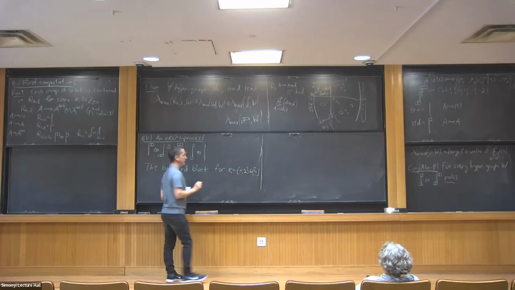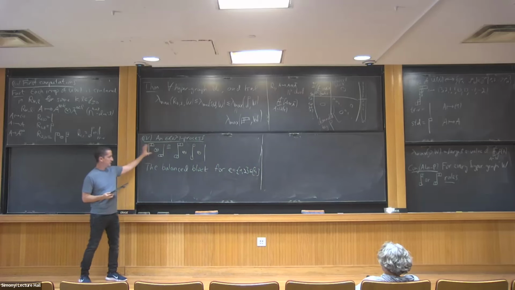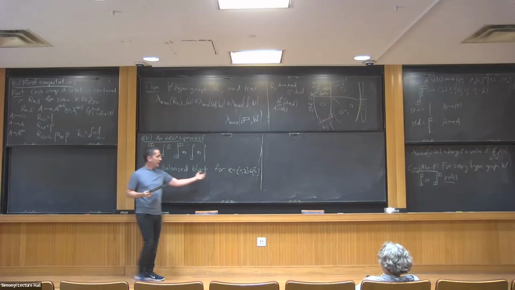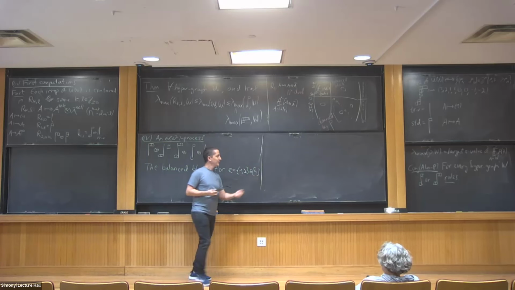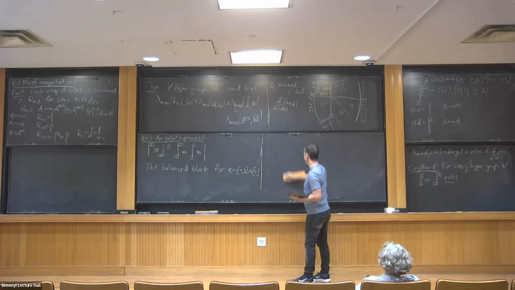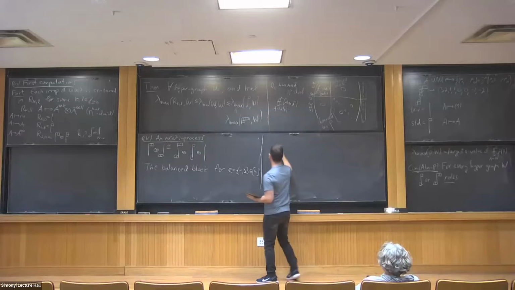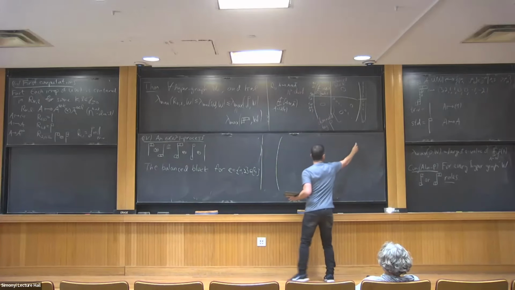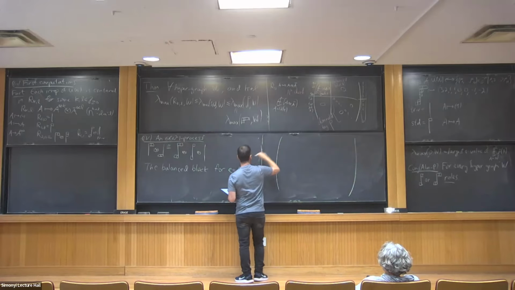I want to give a precise example of what the balanced block looks like when I take the hyperedge 1, 2, when n equals 4. The point is, if your goal is to understand what the process is, it turns out that in this representation the coordinates look like that: 1, 1, 1, 2, and so on.